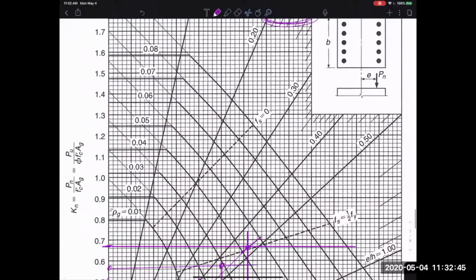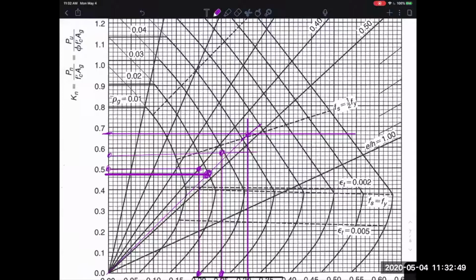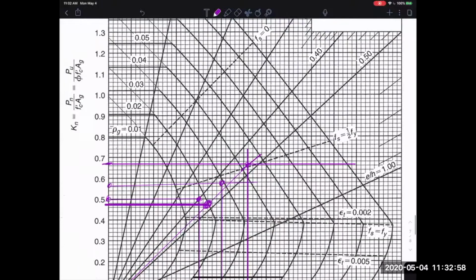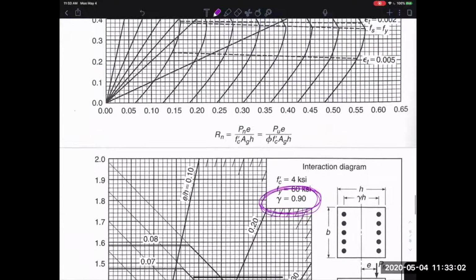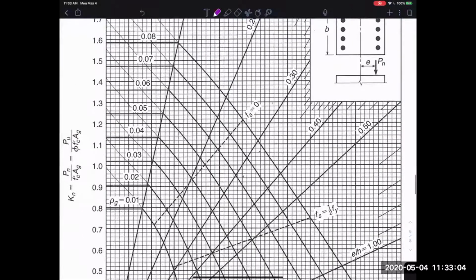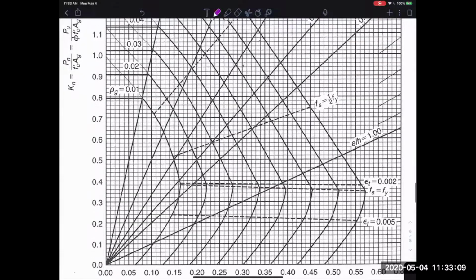Now, in my defense, my eyesight's bad and I had it zoomed like this, so I didn't see that picture. But the moral of the story is make sure you're on the right graph. We should have been on this graph, 0.8. So let's redo what we did using the right graph.